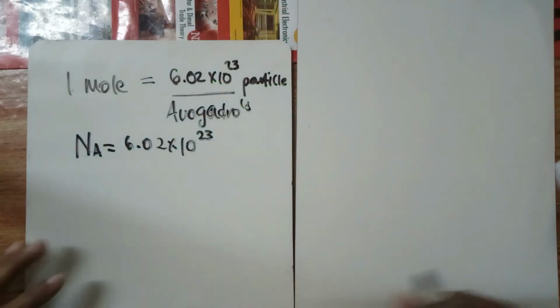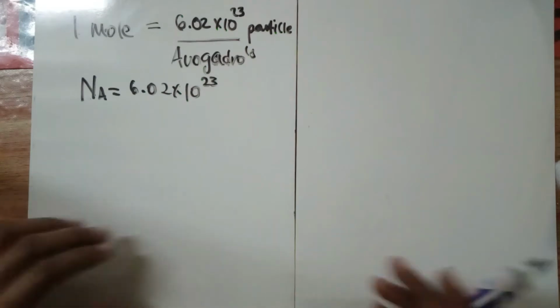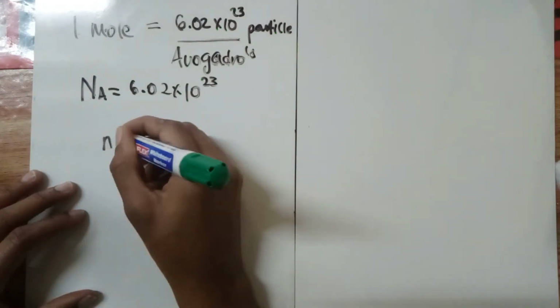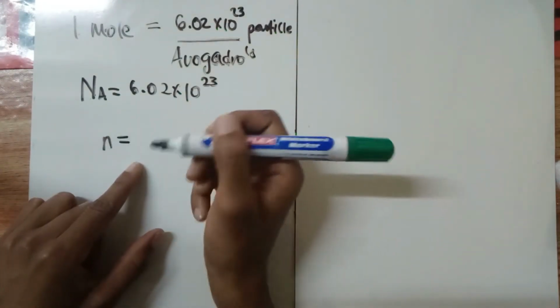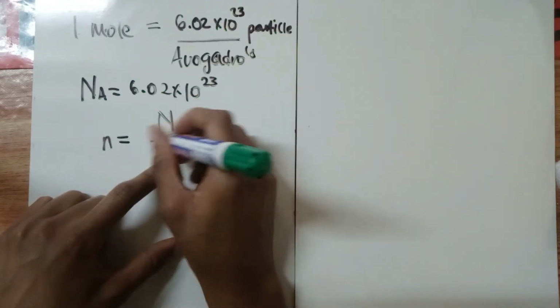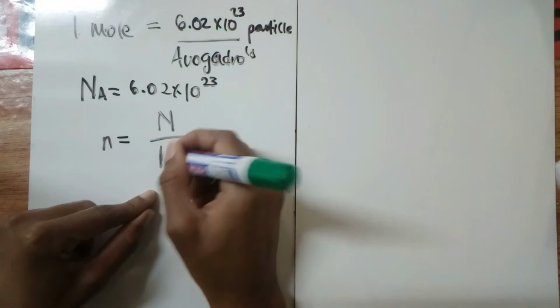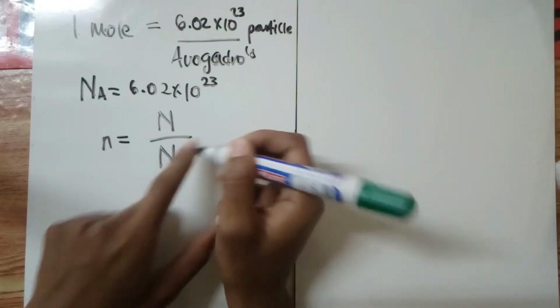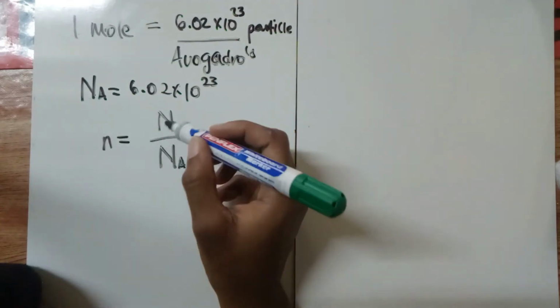There's an equation that you should be familiar with: if you wanted to determine the number of moles in a substance, and we knew the number of particles N, and we also know this value Na, through this calculation you can determine the number of moles.